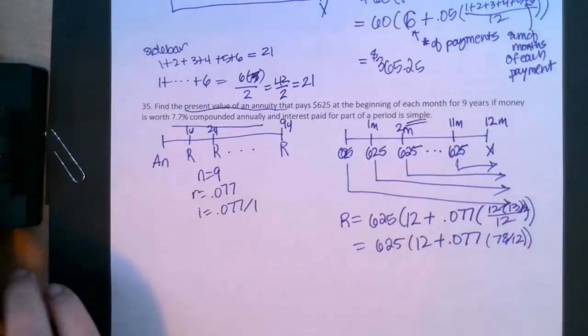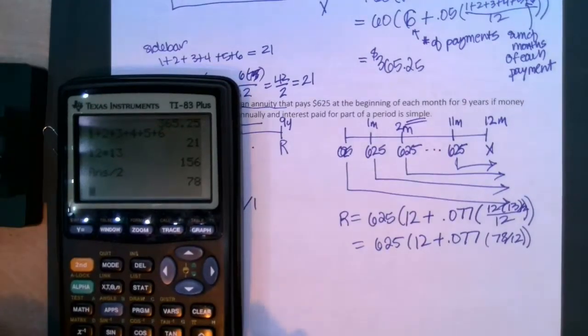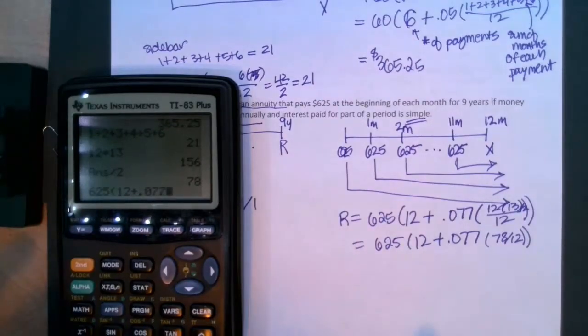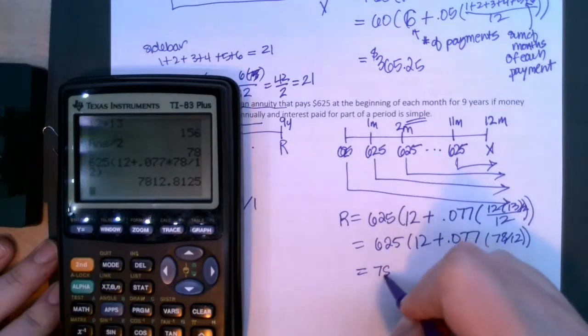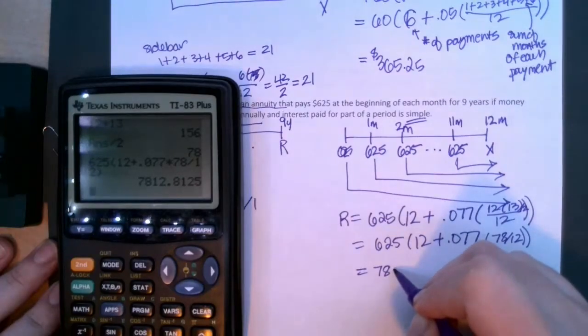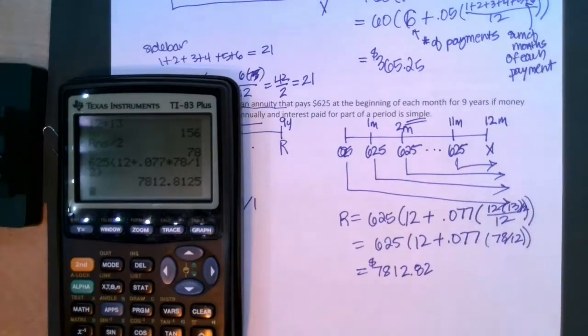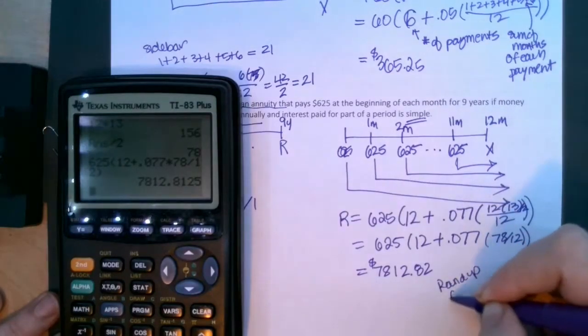So when we plug that in our calculator, 625 times 12 plus 0.077 times 78 over 12 is going to give us 7,812 and 82 cents. Because it's payment, we're going to round up to the nearest penny. Round up for payments.